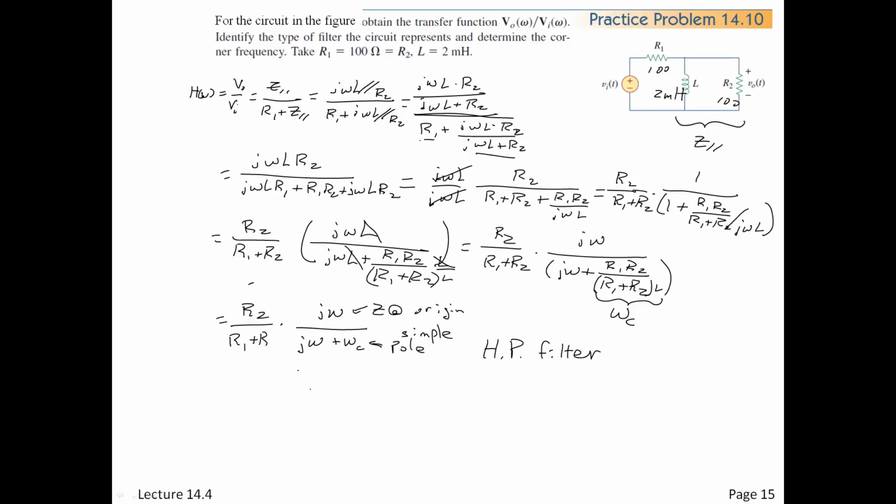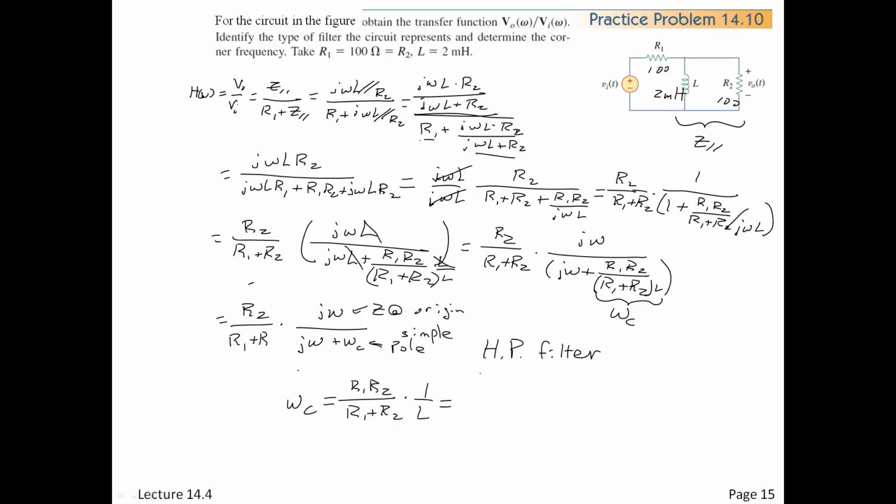A passive high-pass filter, and that's our omega c, where omega c is equal to R1, R2 over R1 plus R2 times 1 over L. But what is that?